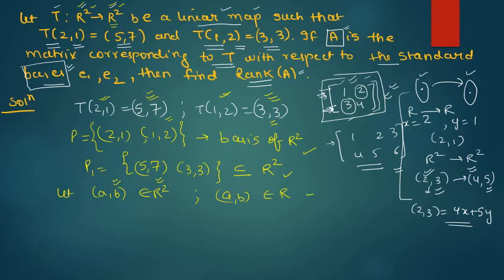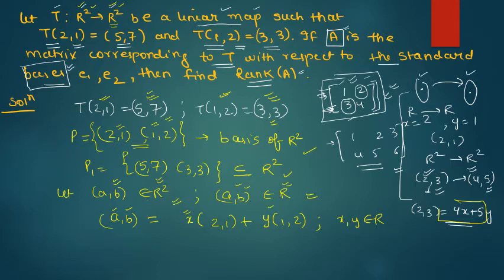So if I write this in the linear mapping form, (a, b) is equal to x of the bases we are having, from R square: x into (2, 1) plus y into (1, 2), right? Where x and y also belong to R, because ultimately this is belonging to R. So whatever we are having will belong to R if we are expanding this, correct?